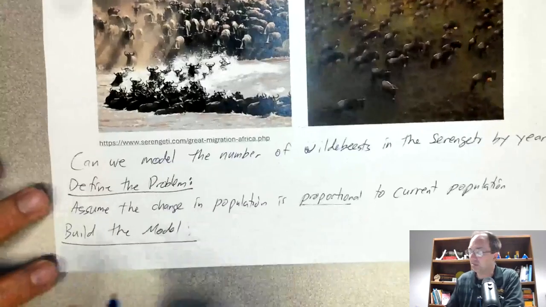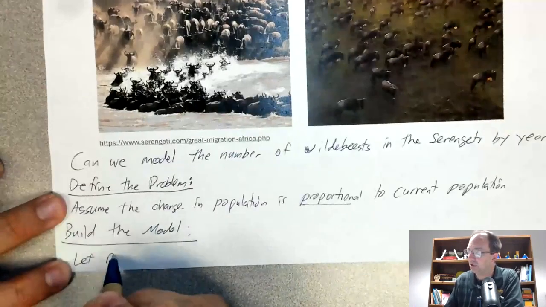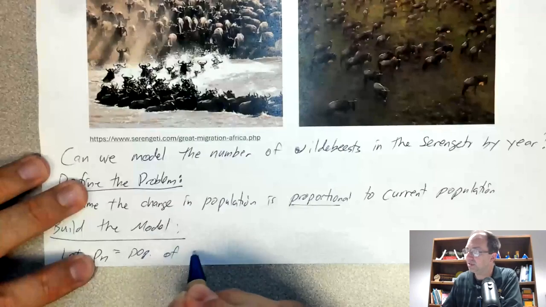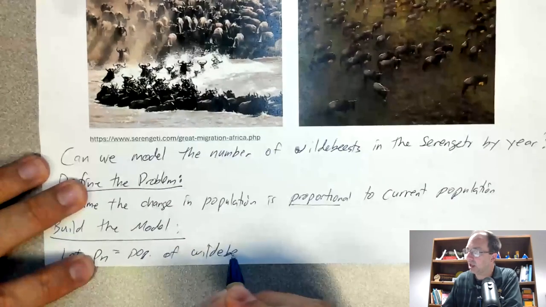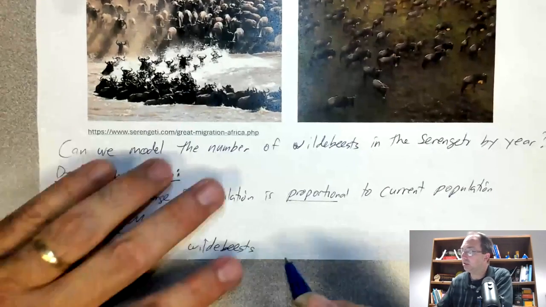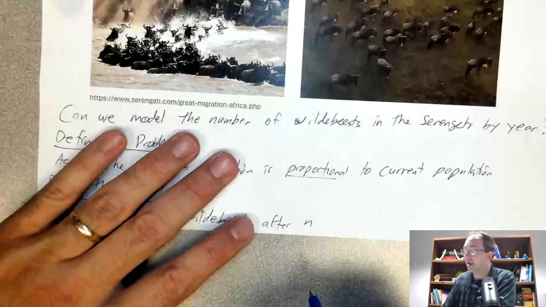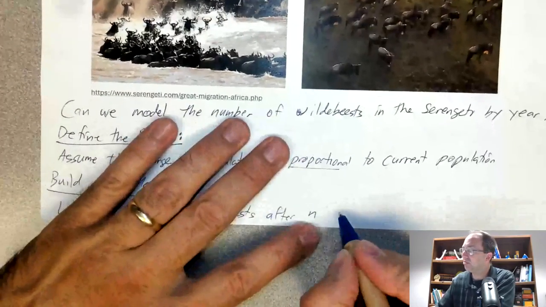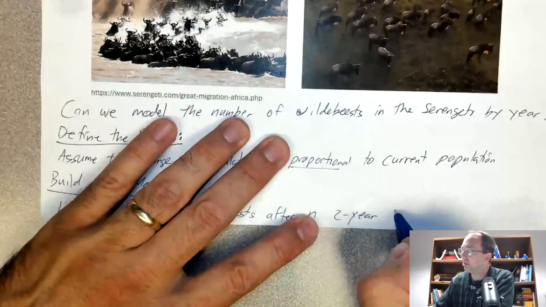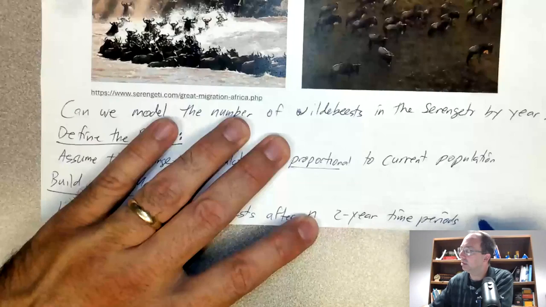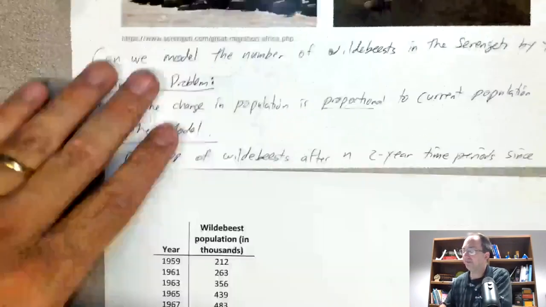Since we're going to build the model, we need to let P sub n equal the population of wildebeest after n time periods. In this case, it's going to be 2-year time periods since 1959, because that's what our data gives us.